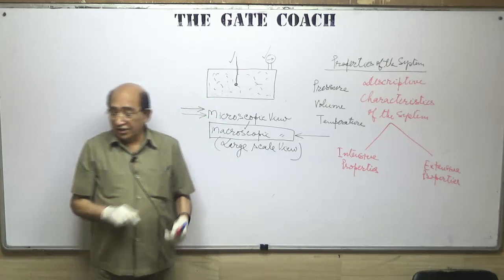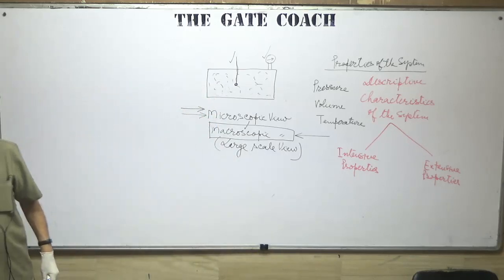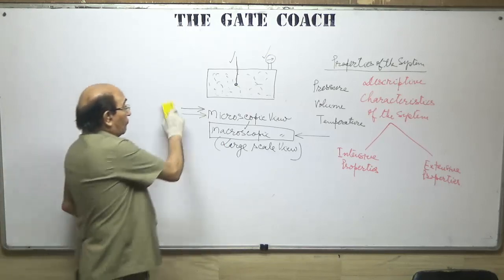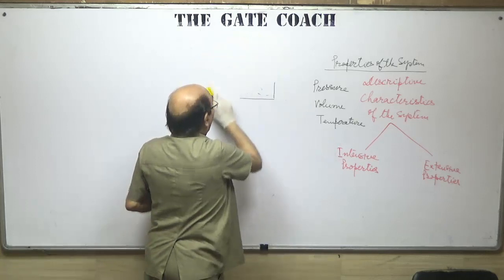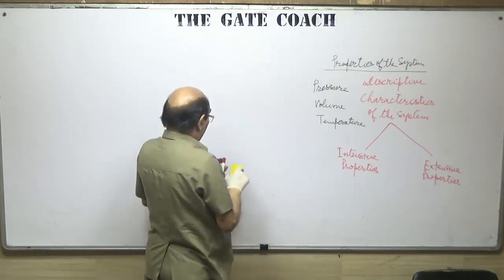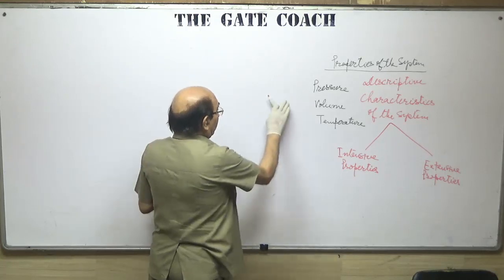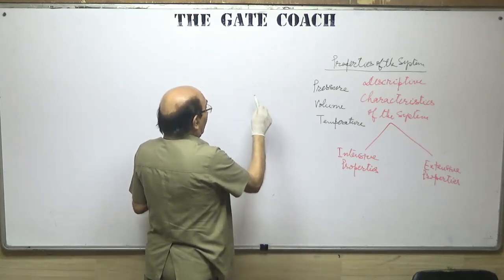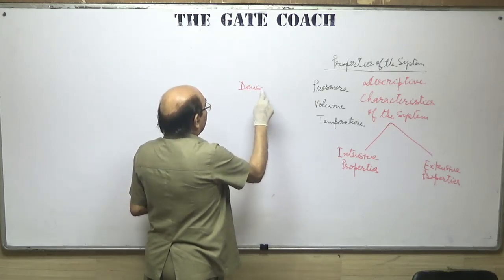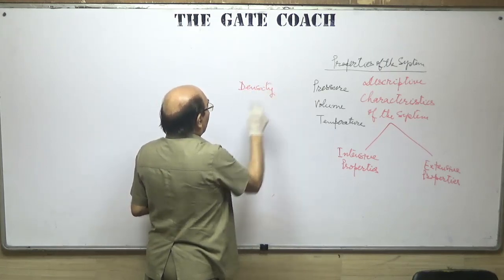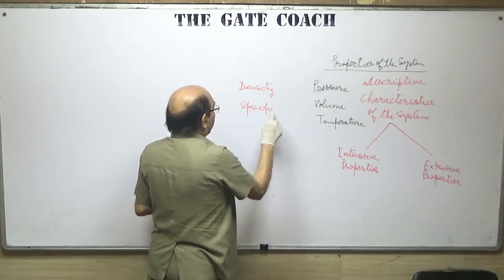So far I have named three properties: pressure, volume and temperature. Very frequently the other properties which we will be coming across may be density, specific volume.